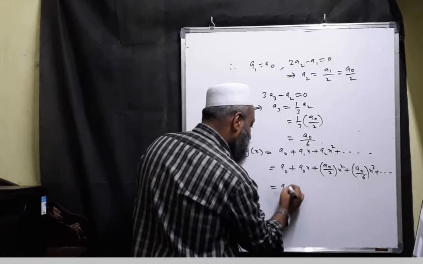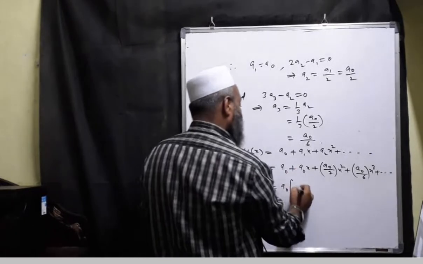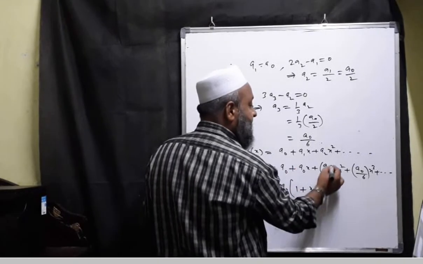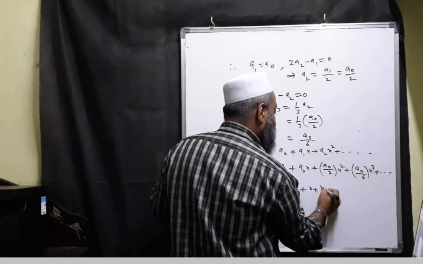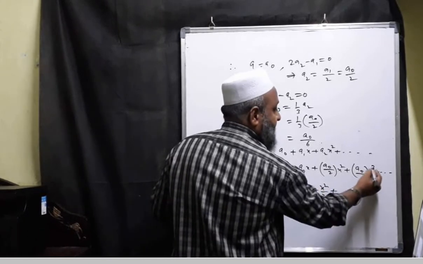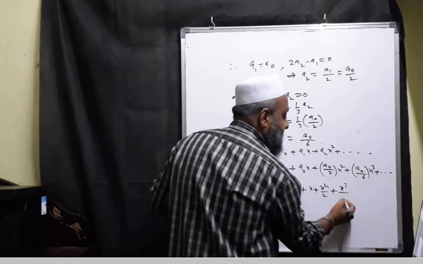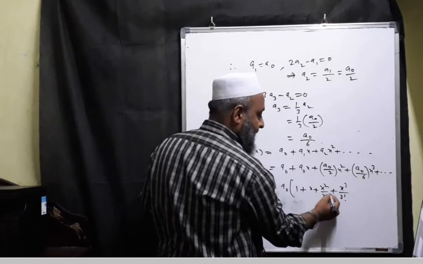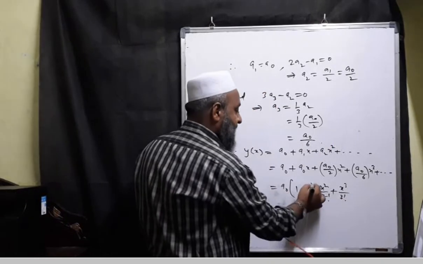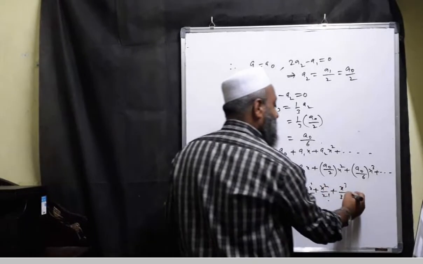If you see this, a0 is a constant outside: it is 1 plus x plus x square by 2 plus x cube by 6, which I can write as 3 factorial, and I make it as 2 factorial, and of course by 1 factorial, plus so on.